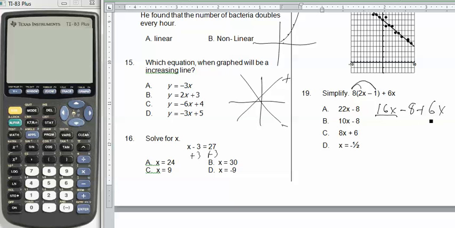So we combine our x's. So 16 plus 6 is 22. And there's only one choice then that works out. And then this one is, you would combine your not x's. There's only one in this case, so it would be the 22x minus 8. All right, so that's it for this video.